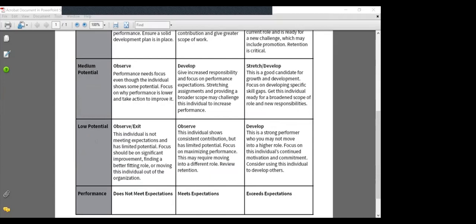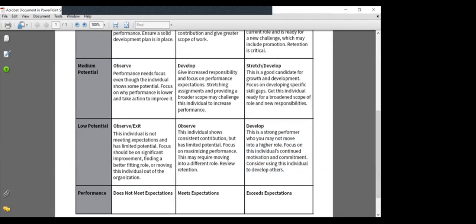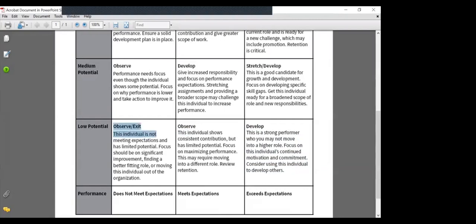So here, you can see my cursor, develop. This is a strong performer who may not move into a higher role. Focus on this individual's continued motivation and commitment. Consider using this individual to develop others. So you have different strategies for people falling in different boxes of the grid.